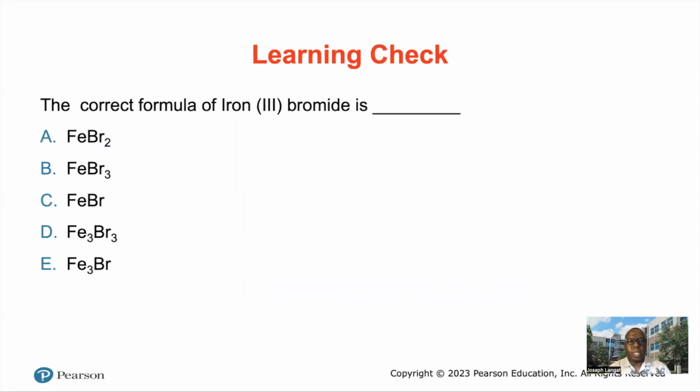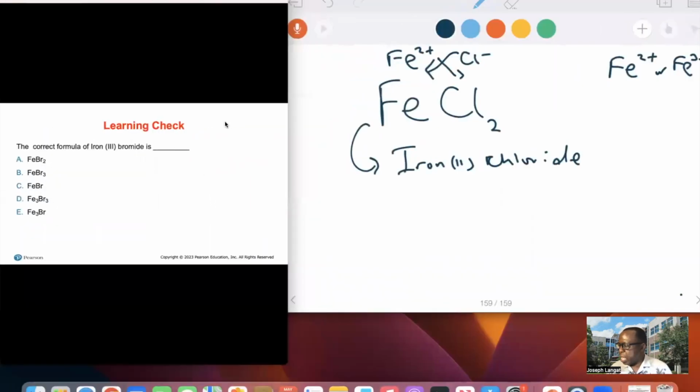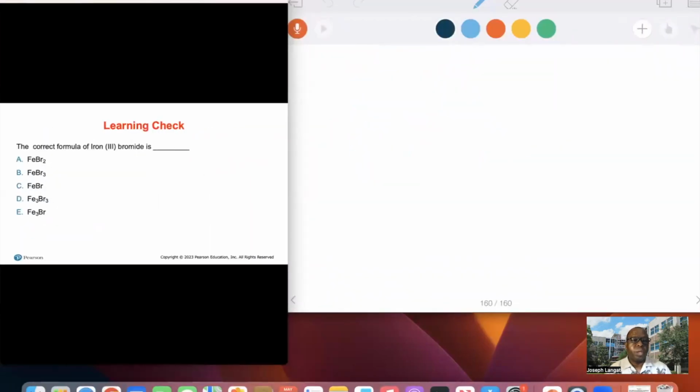Using this example to show you how the crossover rule works, let me show you on the whiteboard. The question is, what is the correct formula for iron 3 bromide? Do not memorize, do your calculation, derive the formula.